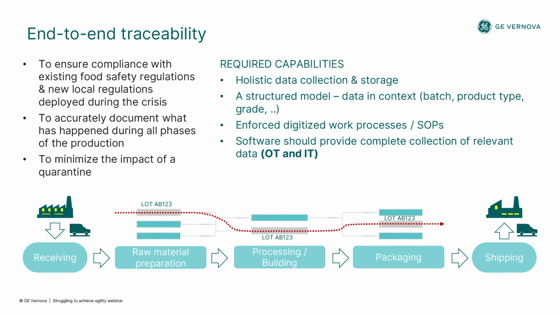So the ability to understand your quality is one thing, but also to understand the compliance with regulations and to be able to trace all the raw materials that went into your product, all the way from the intermediate materials into the packaging.